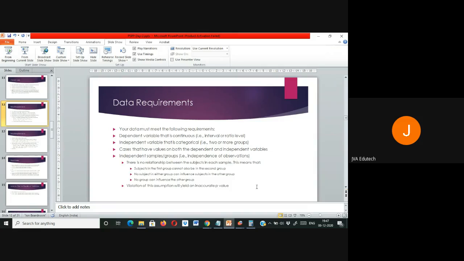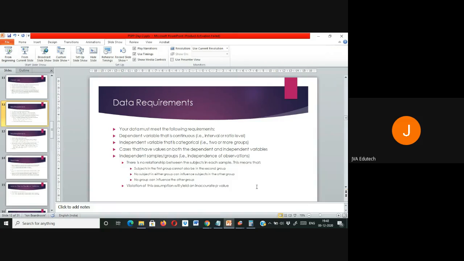Now the data requirements for independent t-test: your data must be taken on a continuous scale, that is the interval or ratio scale. The independent variable should be categorical in nature, meaning the test variable or the dependent variable should be continuous, whereas the independent variable should be taken on a non-metric or categorical scale, like nominal or ordinal.